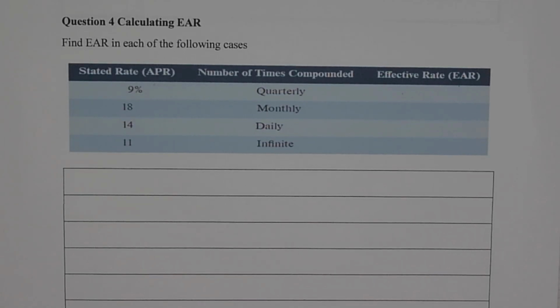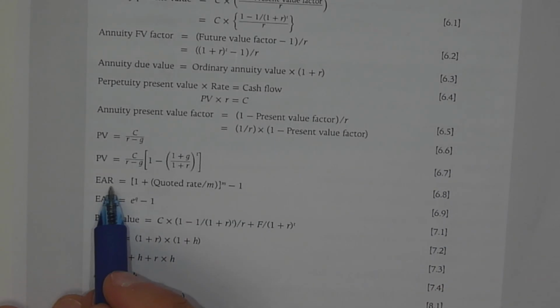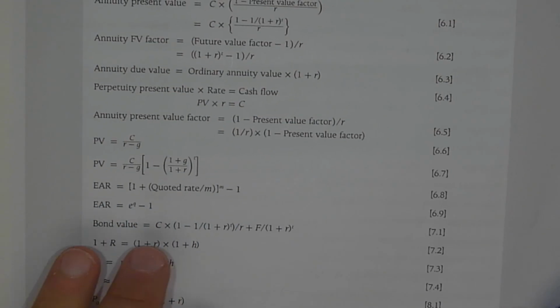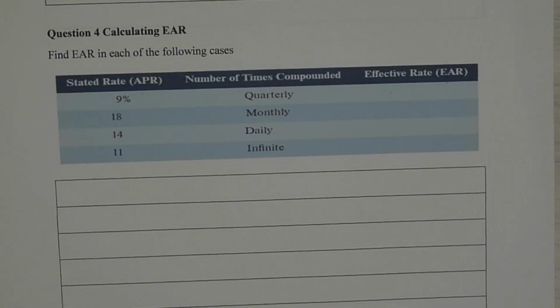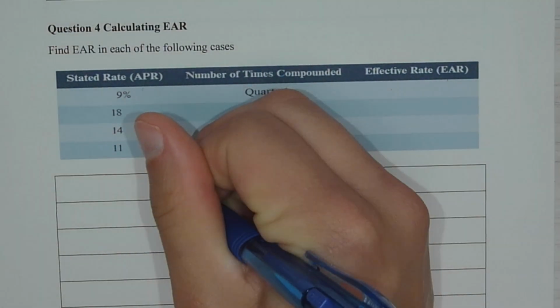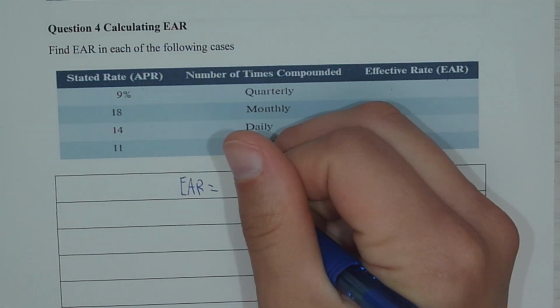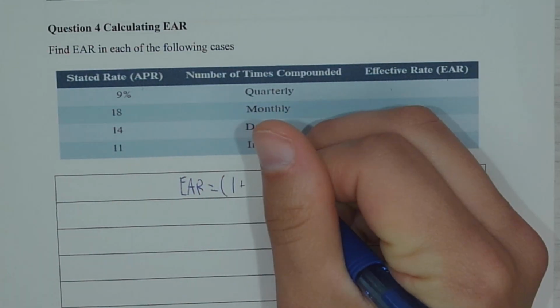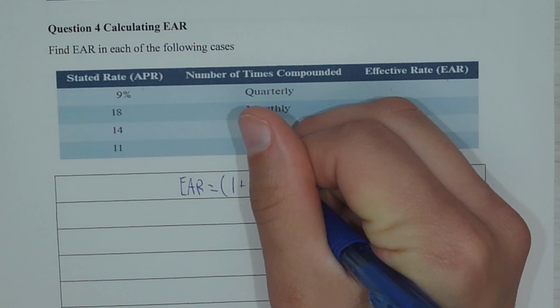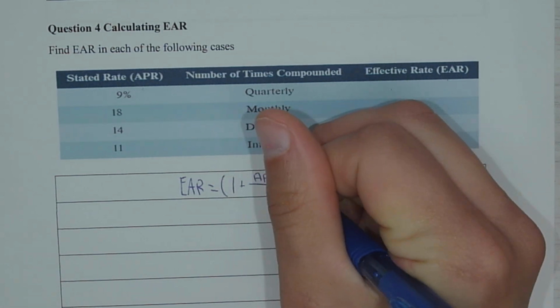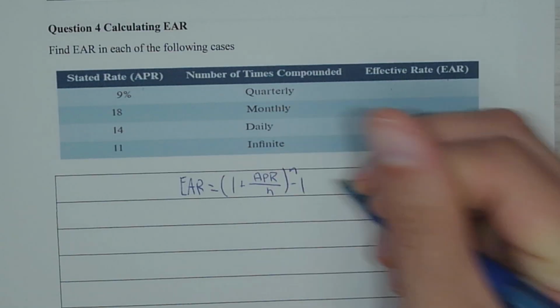We're going to use two formulas to do this. The one here is found on your formula sheet, and it can be rewritten as EAR equals (1 plus APR over n) to the power of n, minus 1.